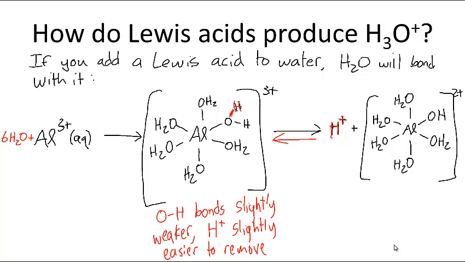Now, what's special about aluminum is that aluminum has very high charge concentration. So it's actually very attractive to those water molecules. Why does aluminum have very high charge concentration? Because it's got a +3 charge, and it's relatively small, because it's only in the third row of the periodic table.